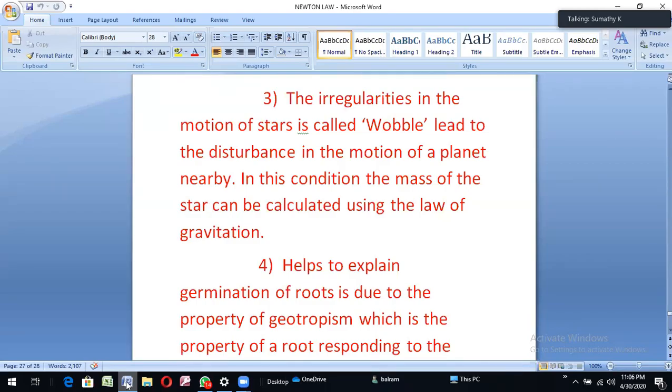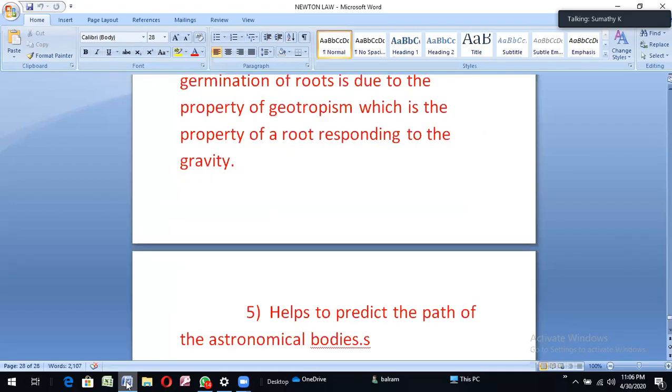The upper plant is called the shoot system. Due to geotropism, the property of the root responding to gravity can be explained by Newton's law of gravitation.